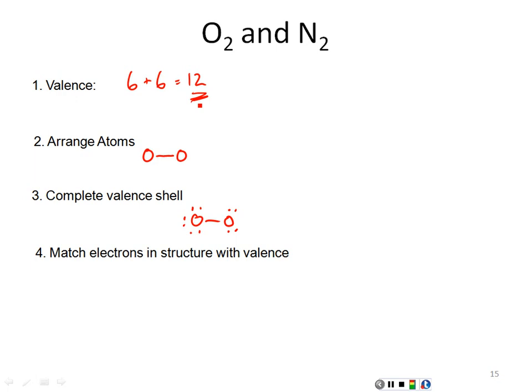But you notice that the octet for the oxygen on the right is not complete. So we're going to need to take 2 of the non-bonding electrons off of the oxygen on the left and make a double bond.